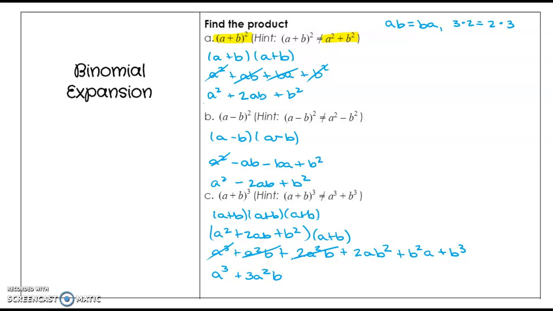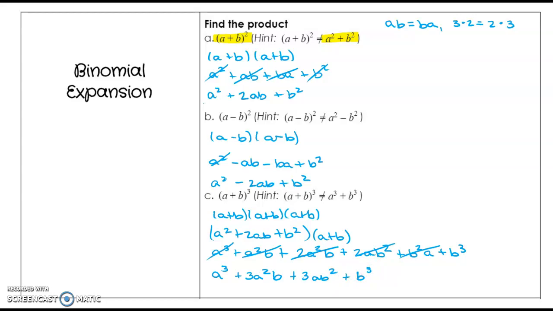And then now I'm looking for terms that have a to the first power and b to the second power. So these next 2 terms have a to the first power and b to the second power. So since I have 3 of them, I have plus 3ab squared, and then my last term, which is just b cubed. And that is our final product.